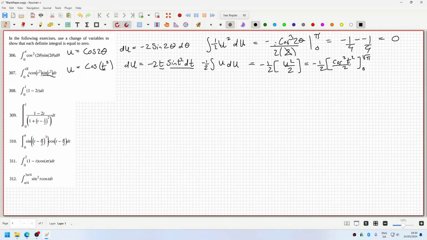So root pi squared is pi. Cos of pi is minus 1, squared is 1. So that's minus a half times, or I can take the 2 out, minus a quarter, 1 minus cos 0, which is 1. So that's equal to 0 as well.